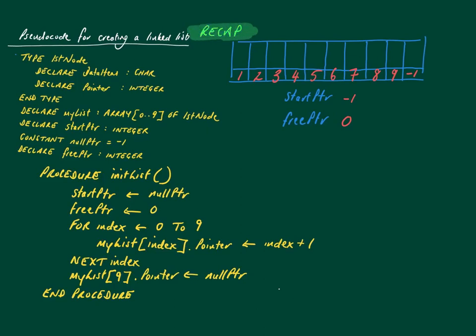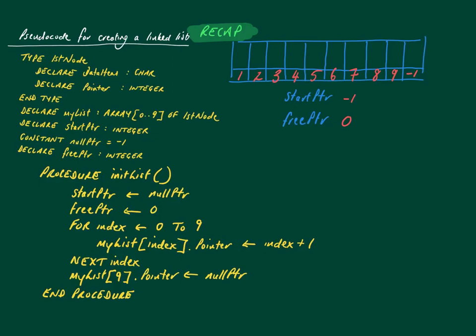But first, let's have a quick recap. In the last video, we had some pseudocode for creating a linked list. Here it is, where we define a list node as our own sort of record data type, and it holds two items: the data item, which in this case is a character, but it could be anything, and a pointer to the next node in the linked list.